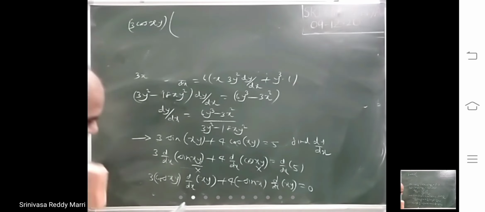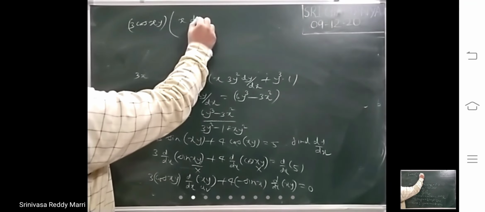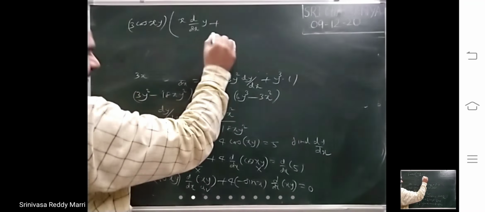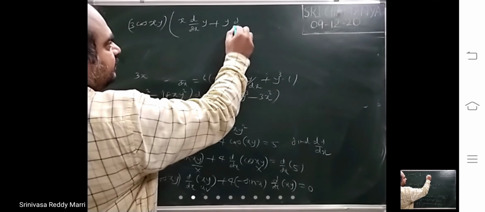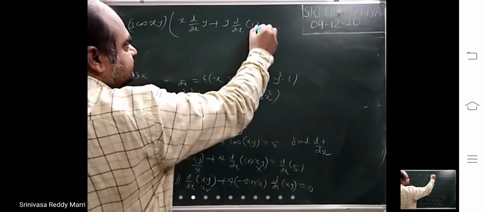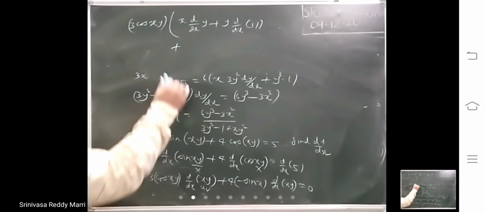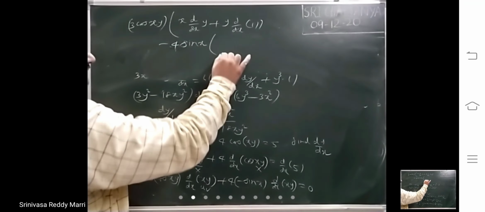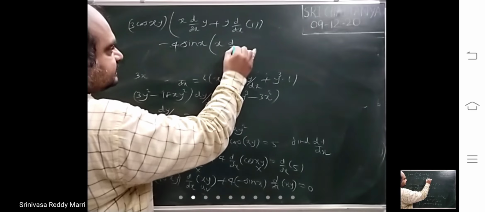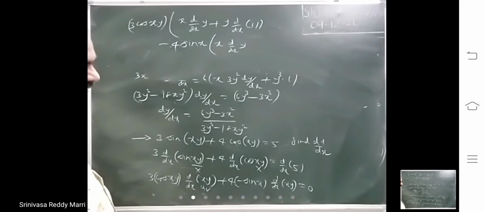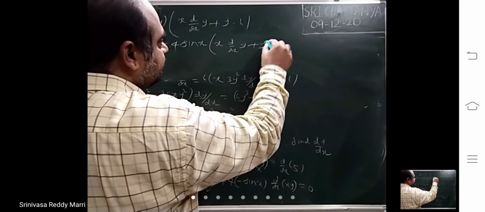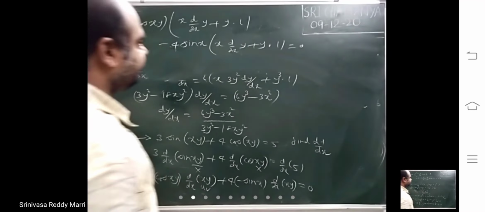So that means what you will get here: 3 cos xy into, now, uv means x into derivative of y, d by dx of y, plus y into d by dx of x is 1, plus minus 4 sin xy into x into d by dx of y plus y into derivative of x is 1, right?